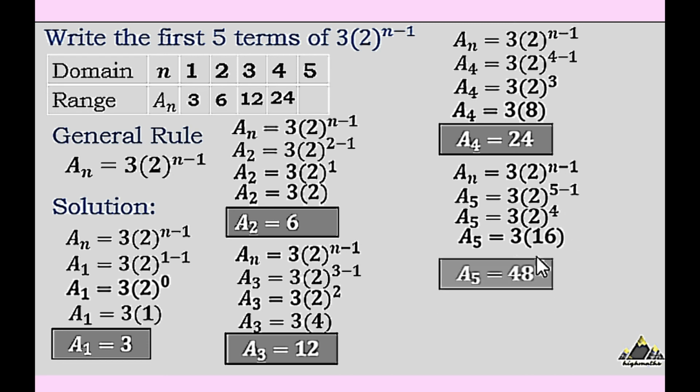So solving 3 times 16, we have 48. Therefore, we have a sub 5 equals 48. 48 is our fifth term. So our first 5 terms of 3 times 2 raised to the power of n minus 1 are 3, 6, 12, 24, and 48.